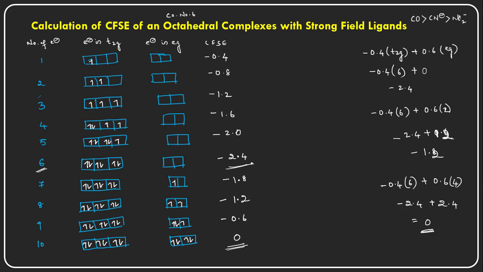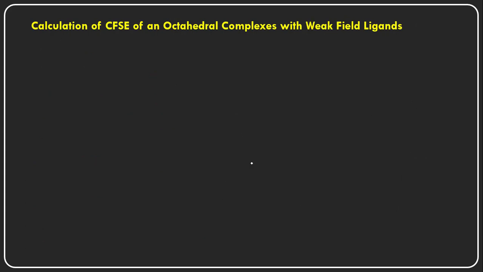Next, the octahedral complexes with weak field ligands. Already we have discussed what octahedral complexes are. The complexes having coordination number 6, right? Coordination number 6 are called octahedral complexes.